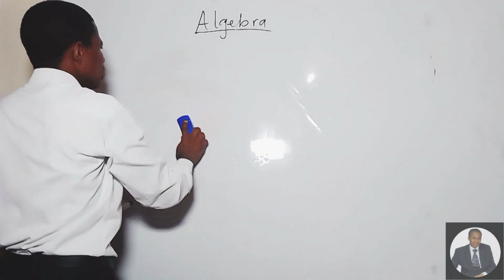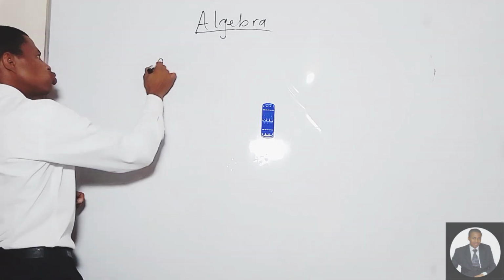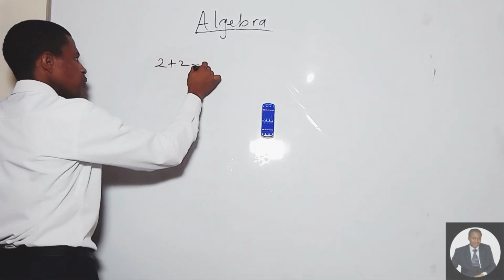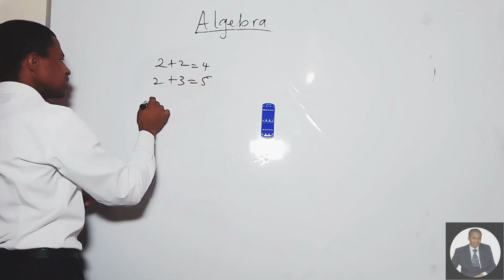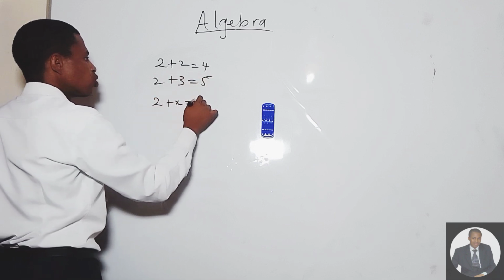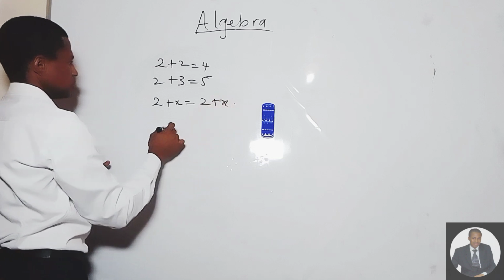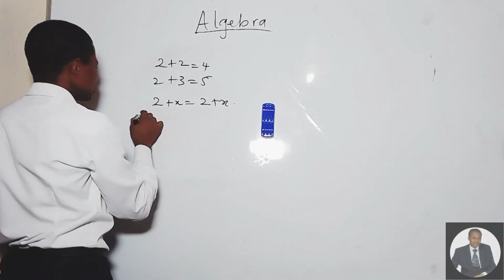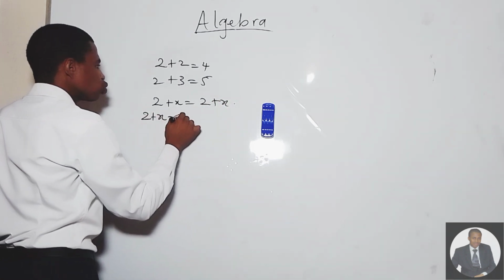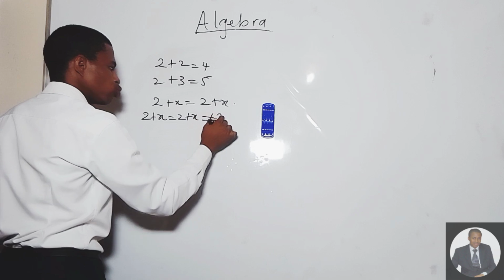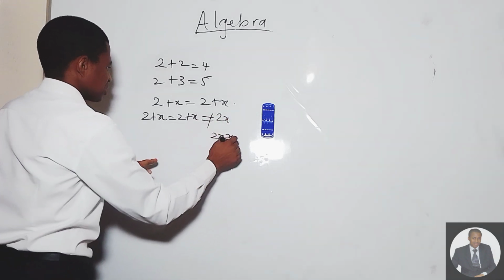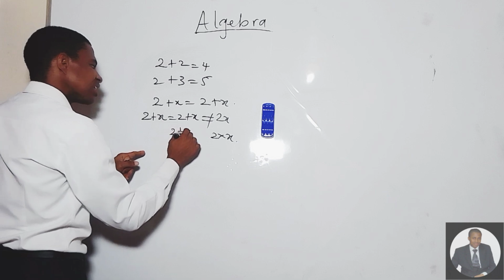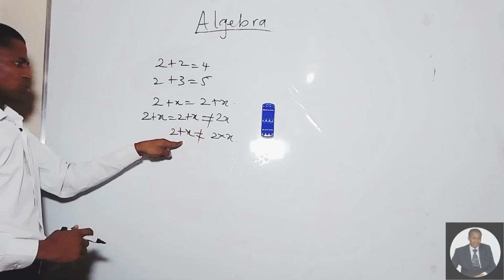Another example we can give is this. If 2 plus 2 equals 4 and 2 plus 3 equals 5, then 2 plus x equals 2 plus x, not 2x, because 2x is 2 times x, while 2 plus x is simply 2 plus x.